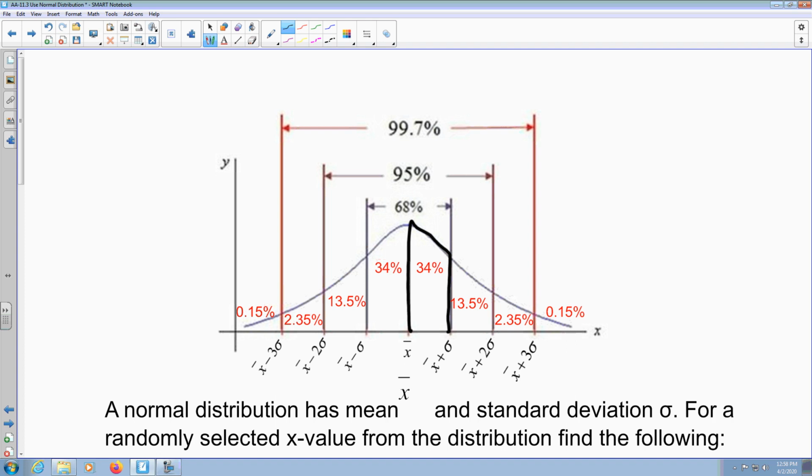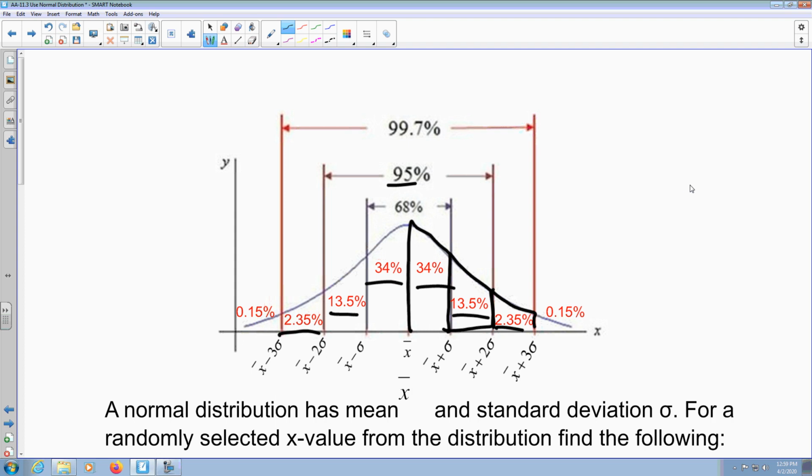This portion right here is 13.5, because if you take 13.5 plus 34 plus 34 plus 13.5, you get 95%. Here you get 2.375%. So again, if you add it up, 2.37, 13.5, 34, 34, 13.5, and 2.35, you get the 99.7.